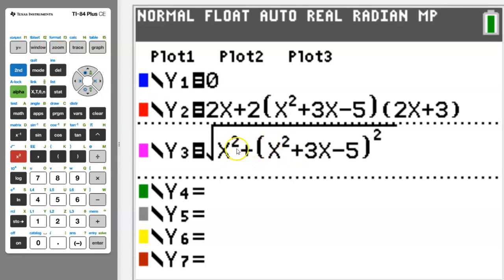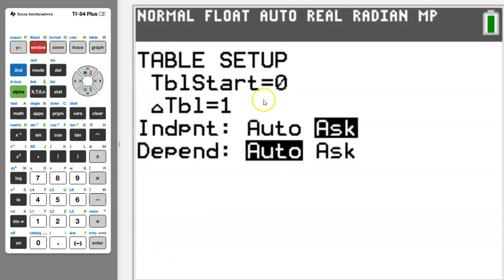In order to easily evaluate this distance at the three critical values, I want you to change one setting on your calculator. Hit second window to access the table setup menu. Change where it says independent from auto to ask.